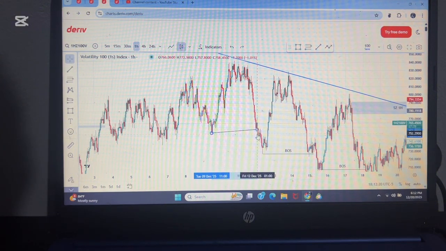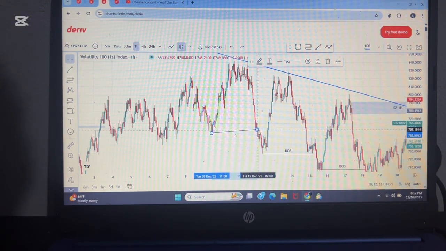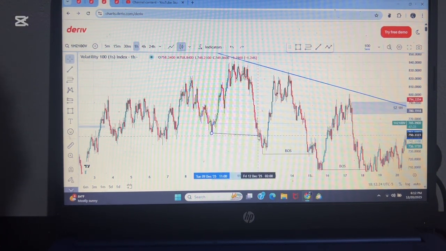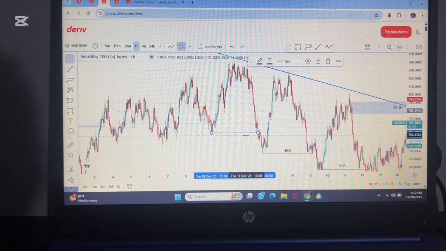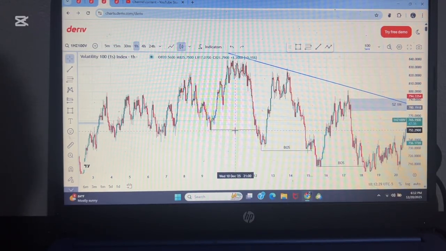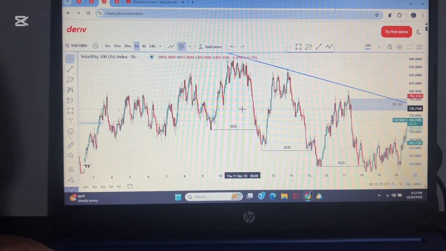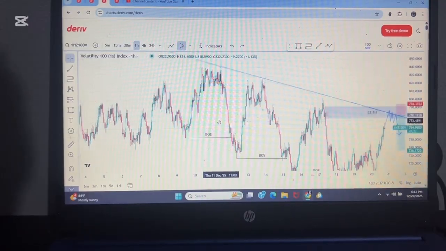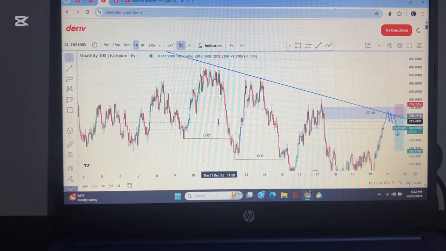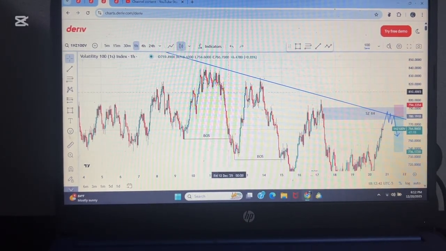Alright, so the idea is price takes out that low. I might use that low. So there's a break of structure right there. What you do is you wait for price to come to this zone.